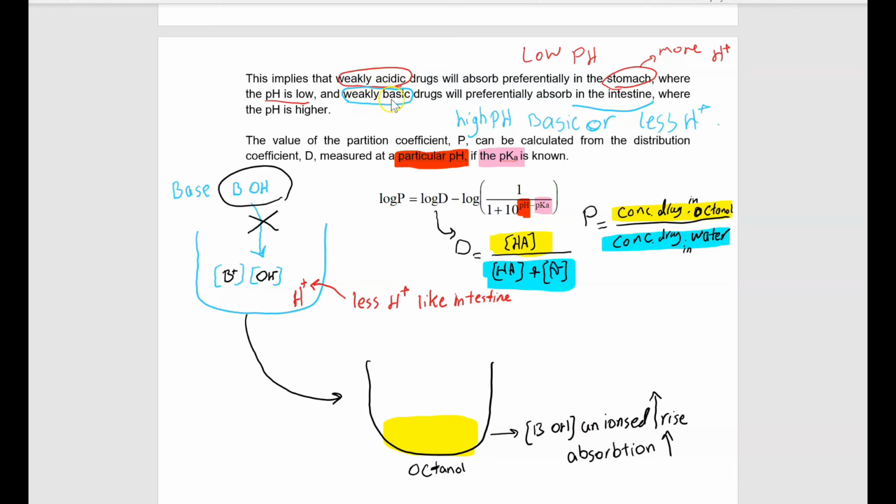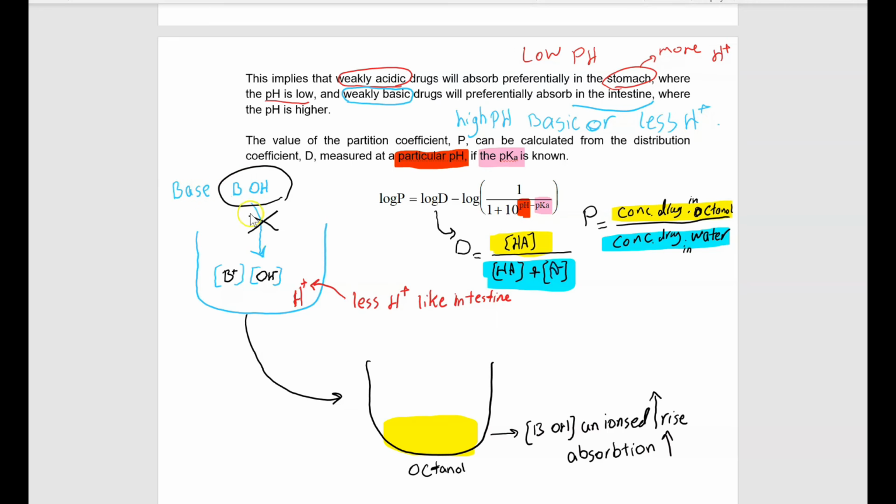Weakly basic drugs love to be absorbed through the intestine. Why? Because in our intestine the pH is high, so we have a basic environment, and also we have fewer hydrogen ions.